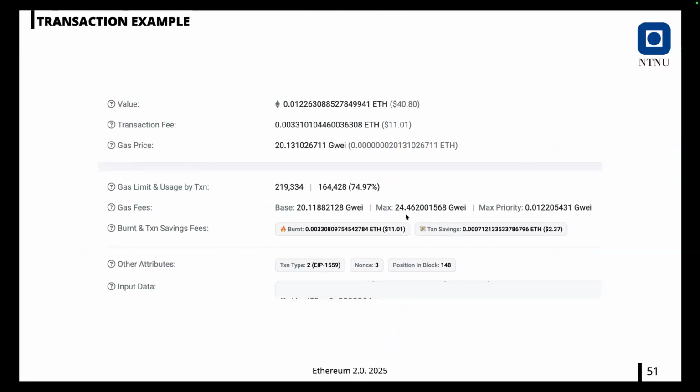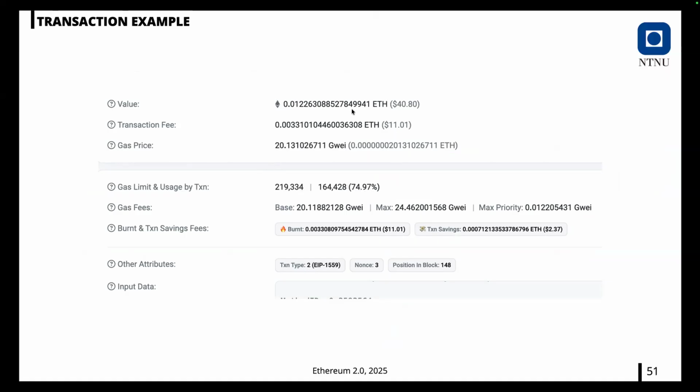So then you have this gas limit and how much was used. This particular transaction says, okay, I can burn up to 220,000 gas, but it actually only burned 74.